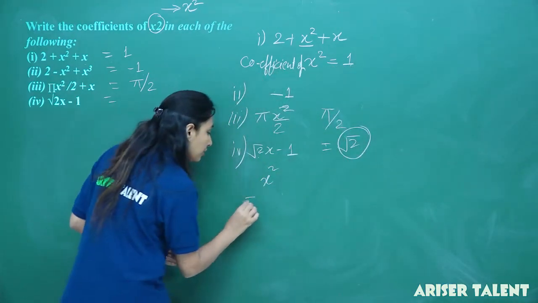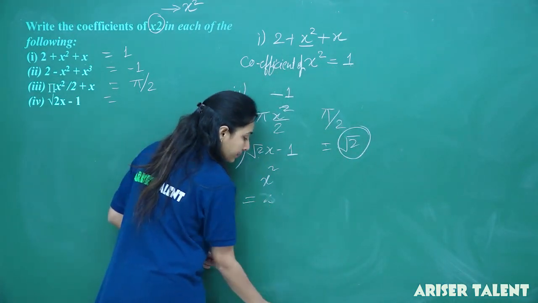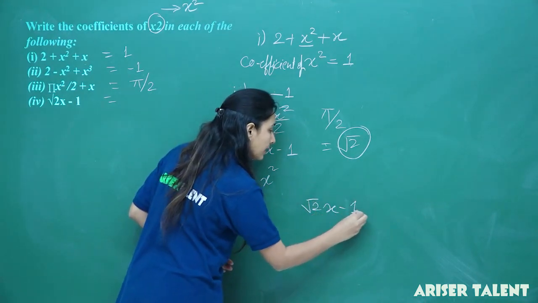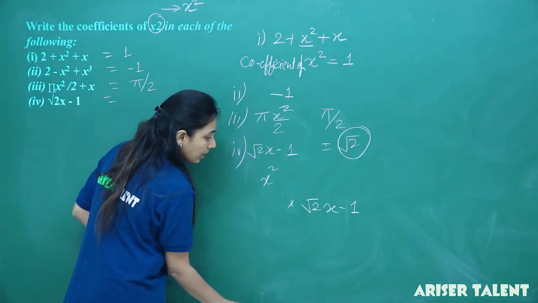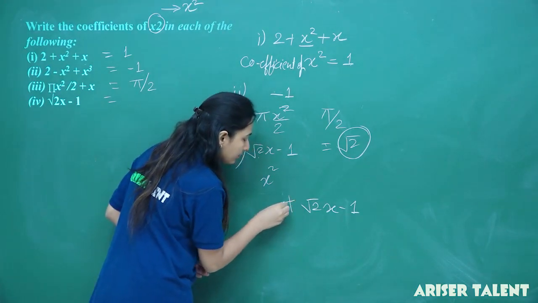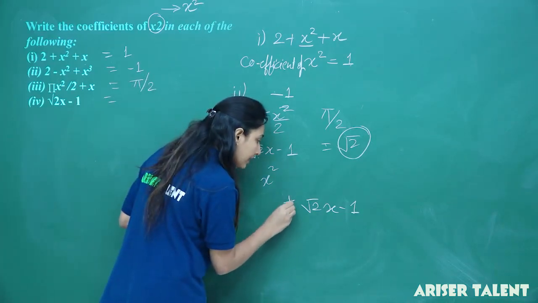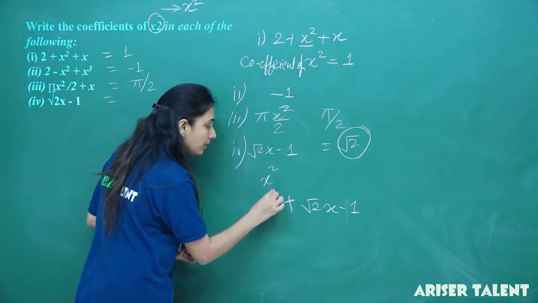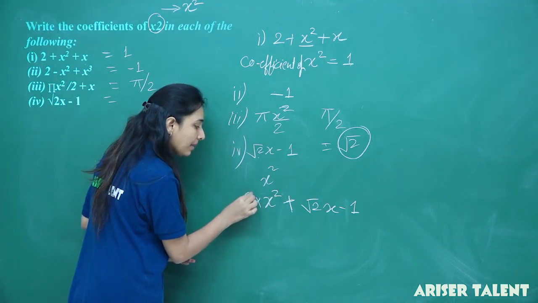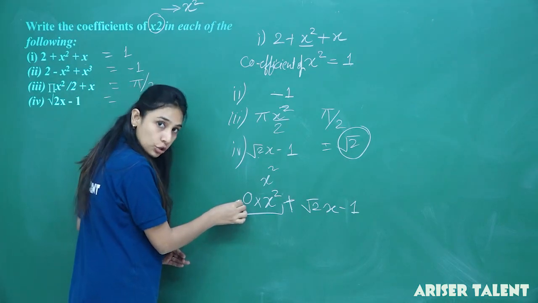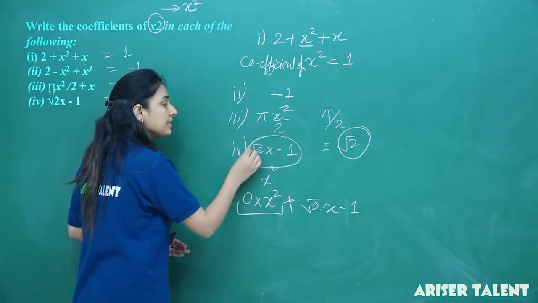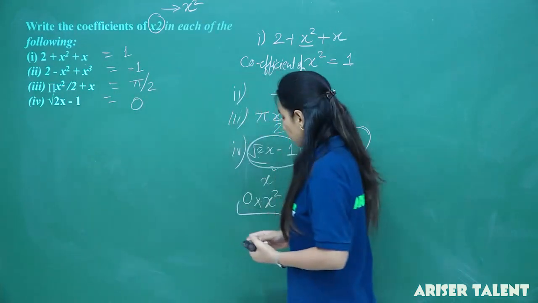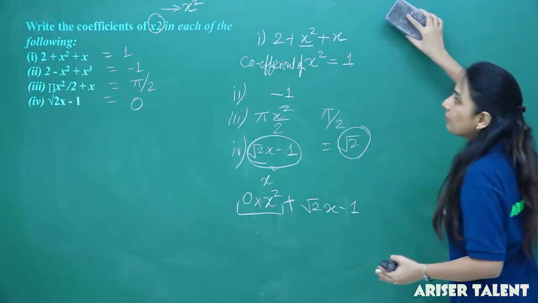We can rewrite this equation as root 2x minus 1, and in addition we can add a plus sign and add a term x to power 2 multiplied by 0. Now, this term will become 0. So, this term again represents this expression. So, the x square coefficient is nothing but 0 in this fourth term. I am rubbing this part.